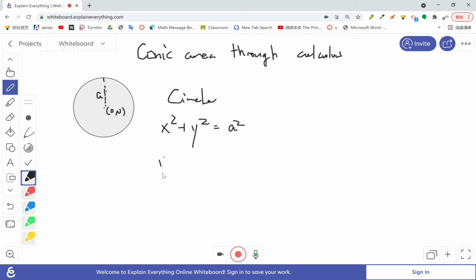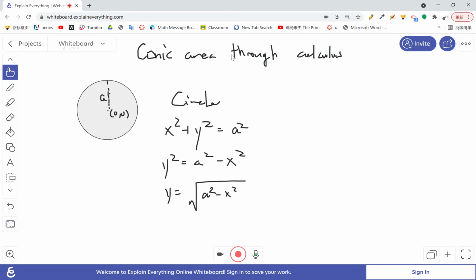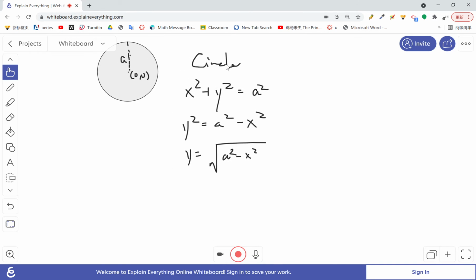So y squared is equal to a squared minus x squared. By isolating y, y is going to be equal to the square root of a squared minus x squared. We're not considering the negative value because you obviously cannot have a negative area.